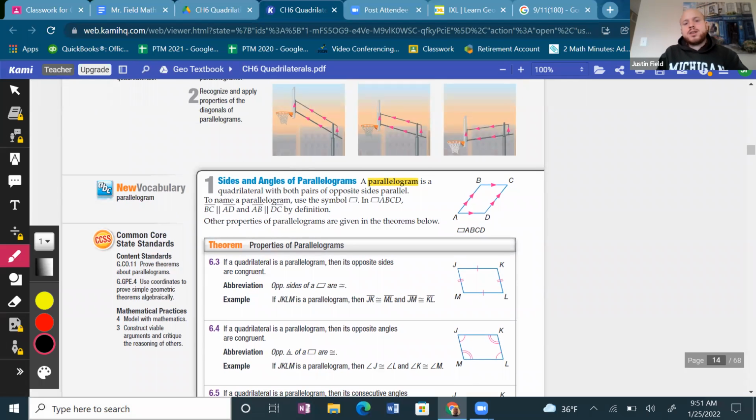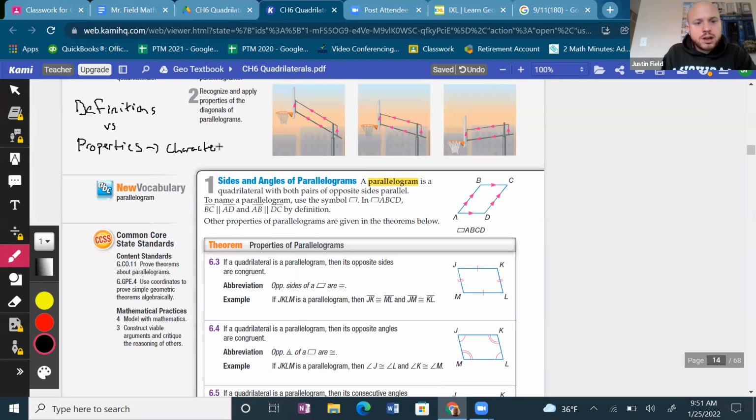And for each quadrilateral there will be a definition, and we know that definitions are important. Okay, so some things share properties, but each figure has specific ones, so these can be shared.